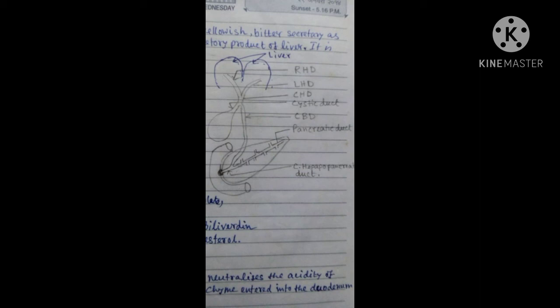Secretion of pancreas, I mean secretion of the exocrine part of the pancreas, is called pancreatic juice. It helps in digestion. It is alkaline in nature. 98.5% of pancreatic juice is water, and 1.5% of pancreatic juice consists of solid components.